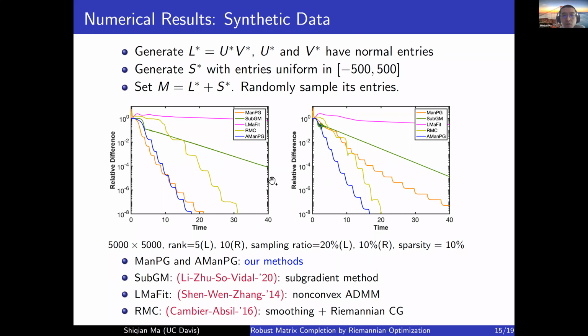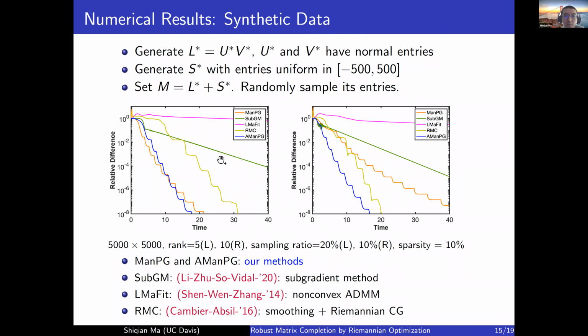Now let me explain these results from these two figures. For example, in this figure, we see that the blue curve is our AManPG algorithm, and this orange one is our ManPG algorithm. The y-axis is the relative error of the low rank matrix, and the x-axis is the CPU time.